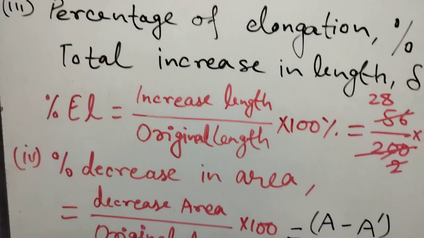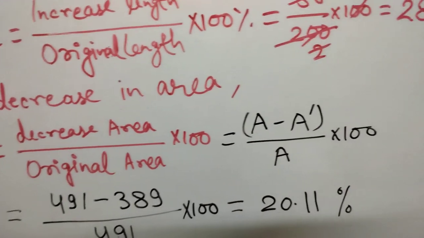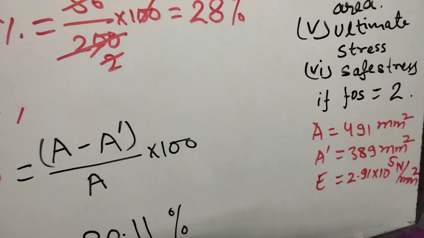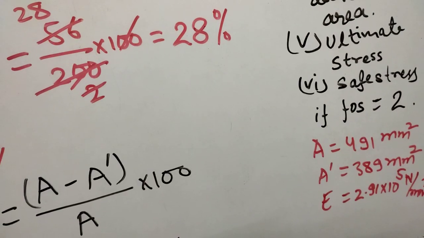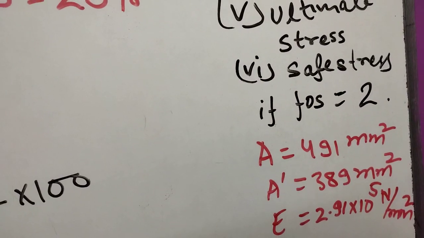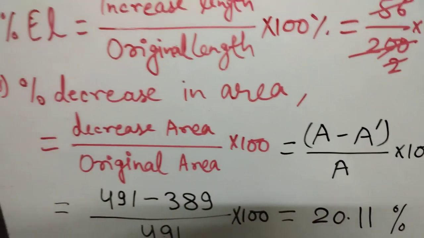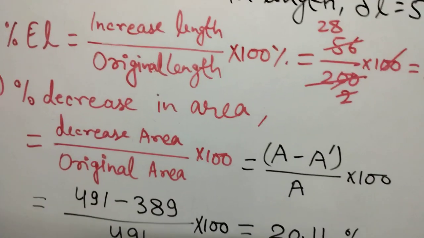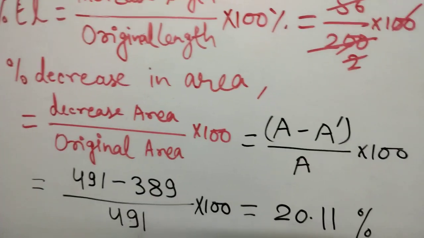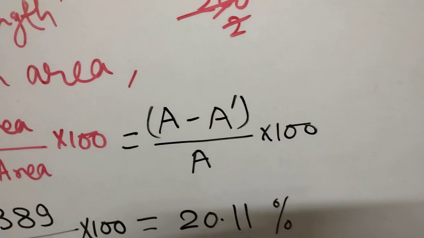At the failure stage, calculating the area from diameter d dash, A dash equals 389 millimeter square, and the original area is 491 millimeter square. For calculating the decrease in area, percentage decrease in area equals decrease in area divided by original area, where the decrease in area is A minus A dash.